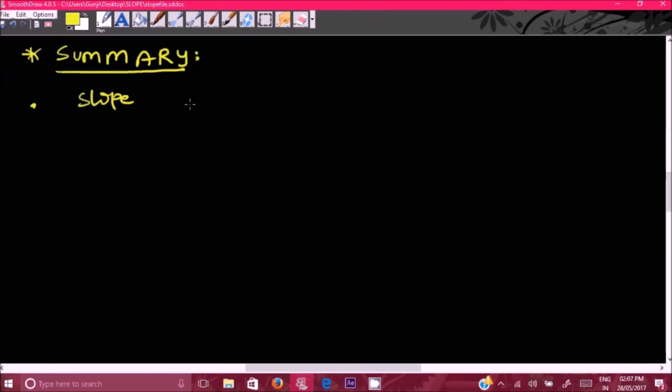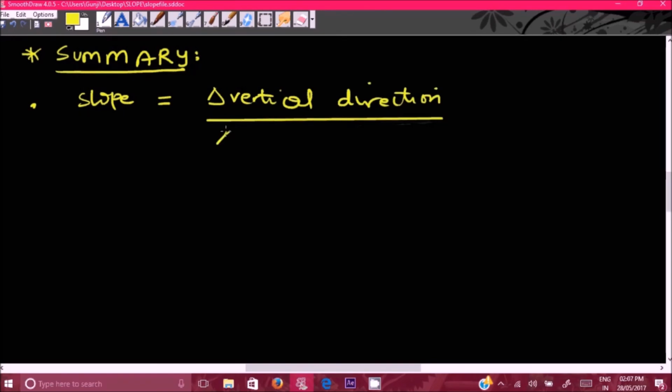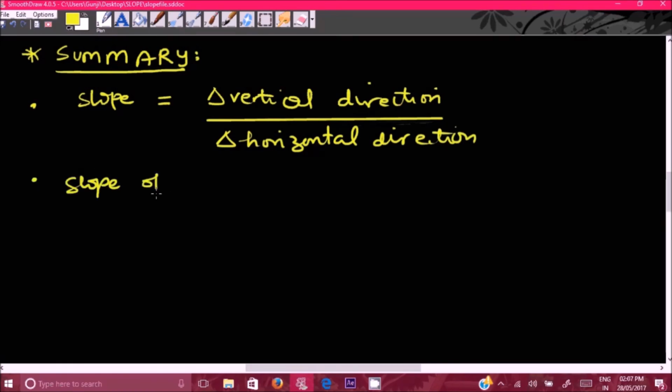The slope of a graph is the change in the vertical direction by the change in the horizontal direction. The slope of xt graph gives the value of velocity, which is delta x by delta t.